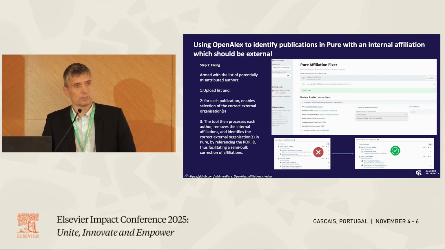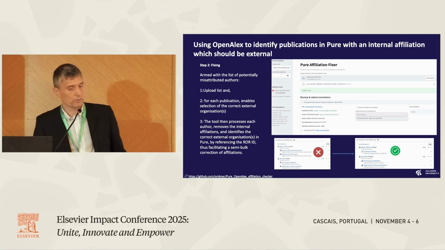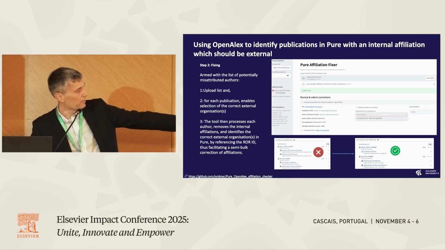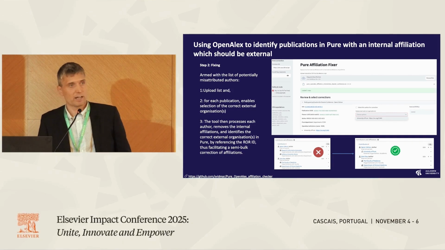And you can then do it in bulk, and instead of having to open each individual publication and correct the mistake, you can have this script do it. So basically, you go from the small picture here in the bottom left to the one to the right, which is what we want to achieve.